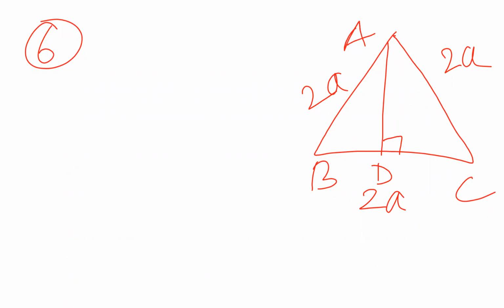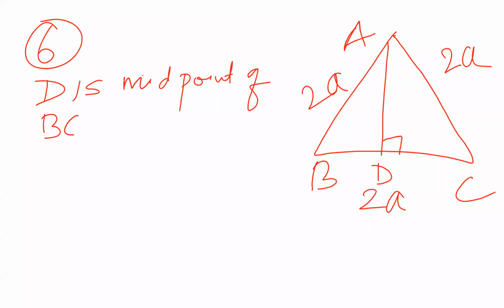Now you know D is the midpoint of BC. D is the midpoint of BC or not? Yes, sir. Okay. So this will be A, and again this will be A, right?